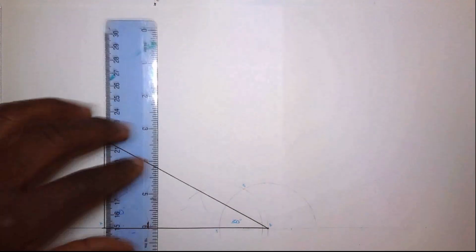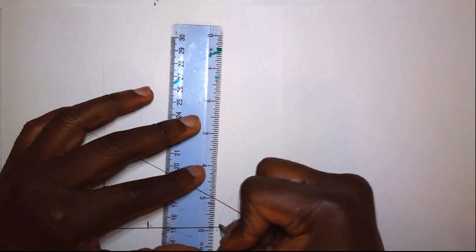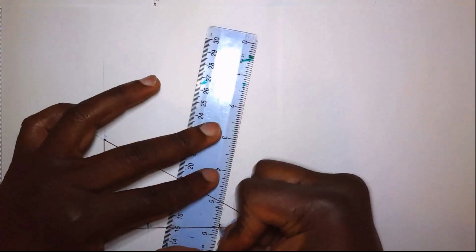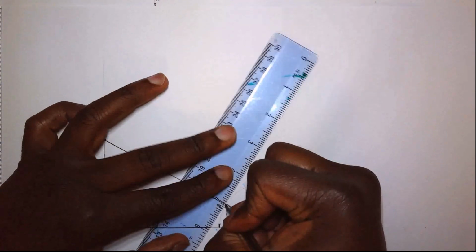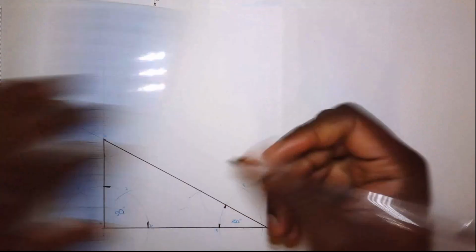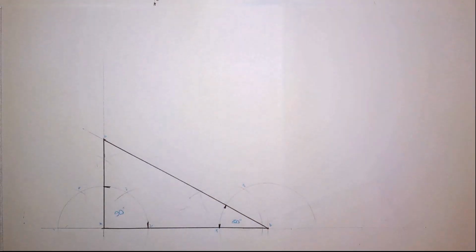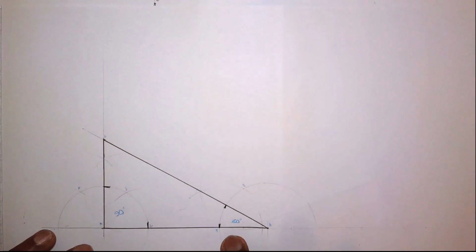Let's put in some arrowheads in here. And there you have it. So we've now constructed our right angle triangle where we've got a base angle at 30 degrees.